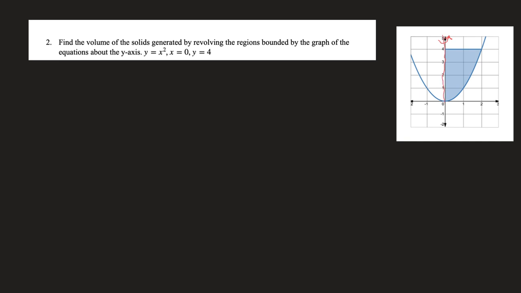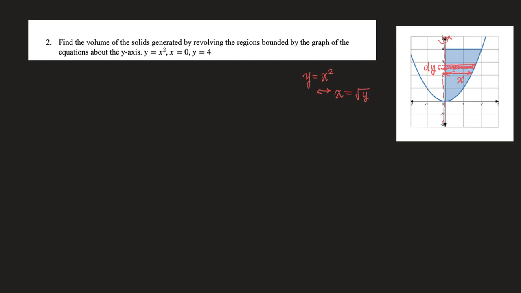This is the y-axis, so the rectangle should be in this direction. Okay, that's the perpendicular, so this one is going to be dy. Now the radius is going to be this value. This is going to be x. But this is y equals x squared, so we solve for x. x is going to be the square root of y.